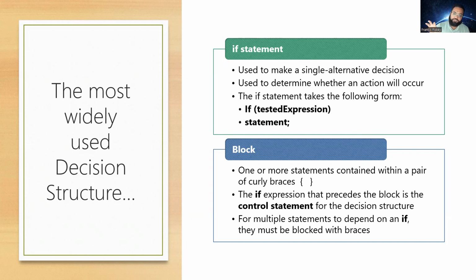Now here it says used to make a single alternative decision, but really what an if statement does is it asks you to create a Boolean expression that asks the singular question I was just talking about in the last slide, which is the thing you are testing, true or false?